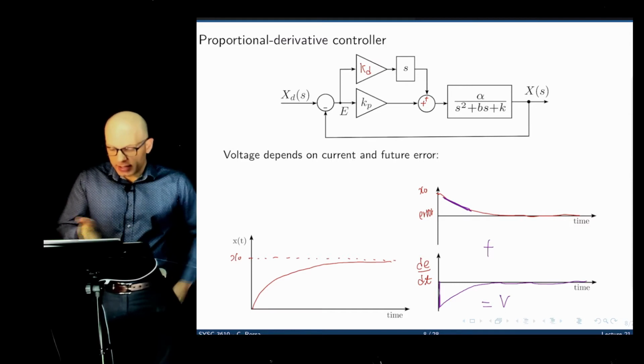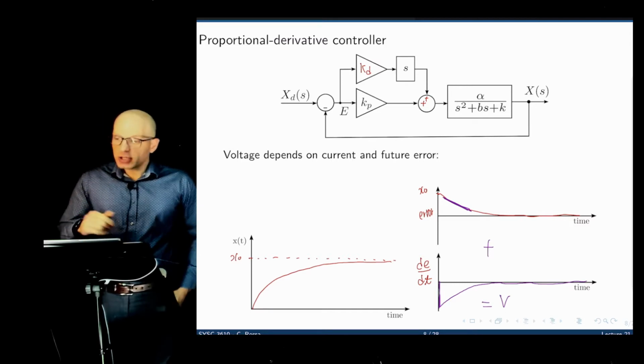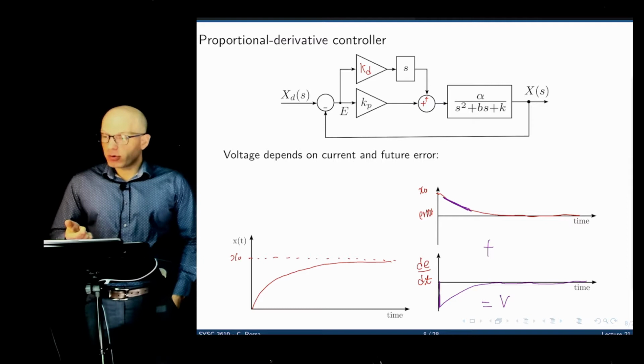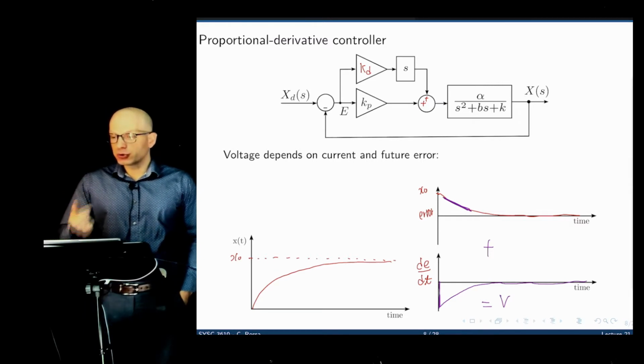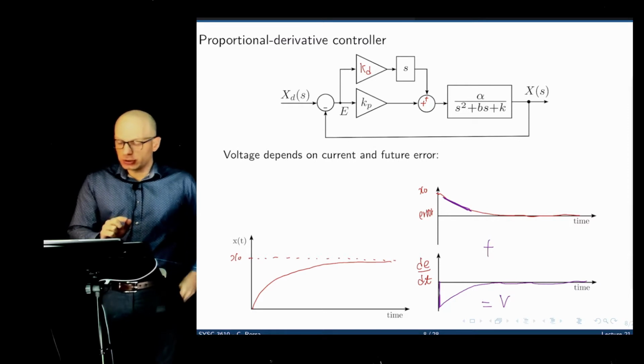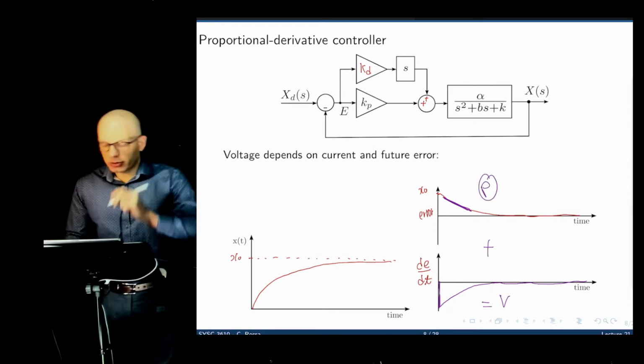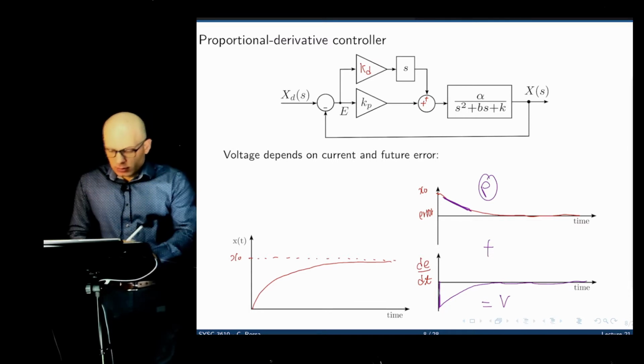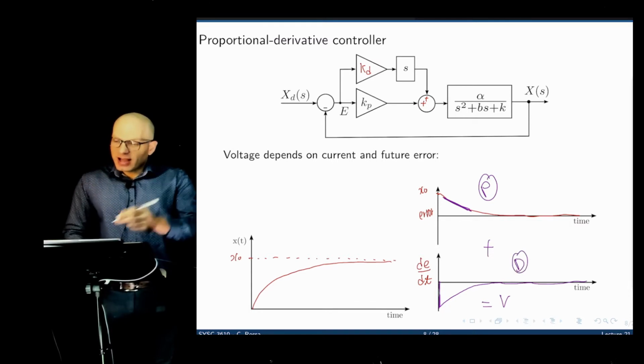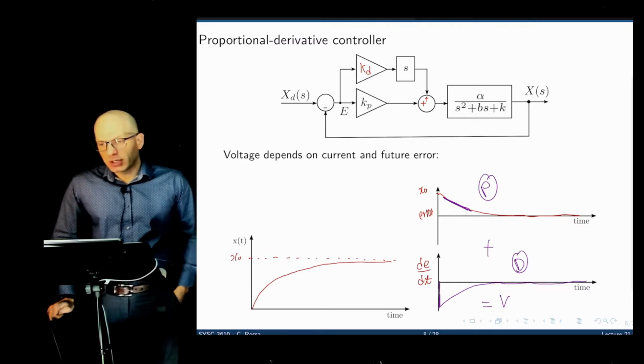We are now adding these two together. So we are actually providing less control action than the proportional controller by itself, which would be just this error times a constant. We are adding a negative value to the voltage we apply to the motor.